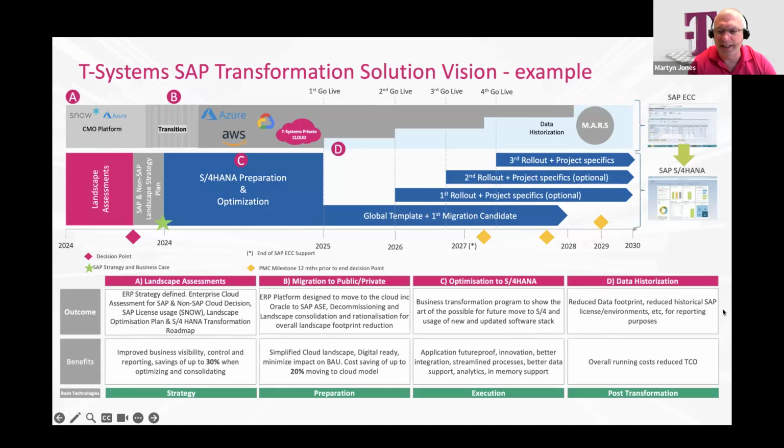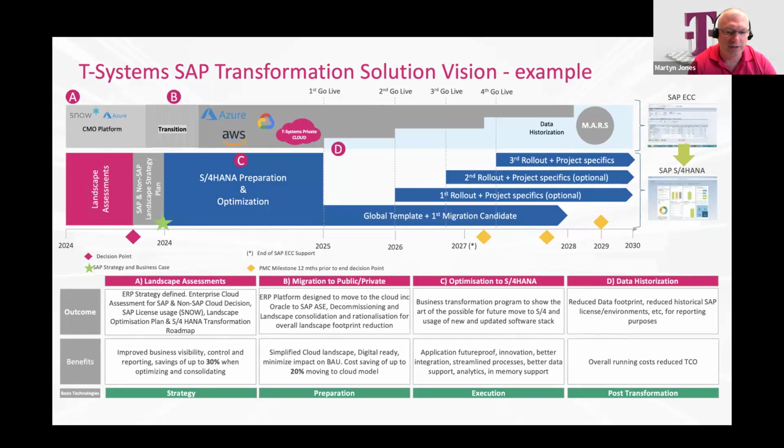As we spoke before, historization. That's a key part of all of this. So what do you do with all that data that you've had? Most SAP systems, a lot of companies don't archive, or if they can archive, they don't archive a lot of data. And we're working with customers at the moment that have probably got over 15 years' worth of data within their systems. So do you really want to take that into your new S4 system?